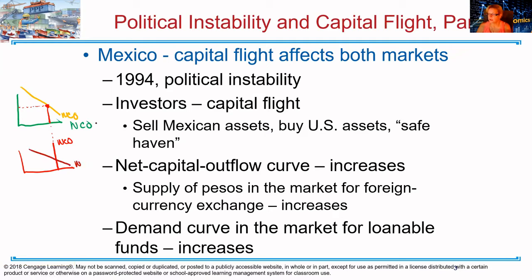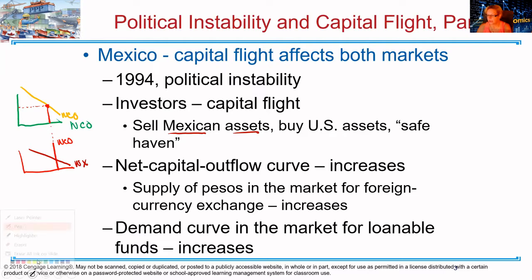Because it starts with net capital outflow, basically what's happening is people are wanting to sell Mexican assets. So there's going to be a huge amount of capital flying out. That's why we call it capital flight.